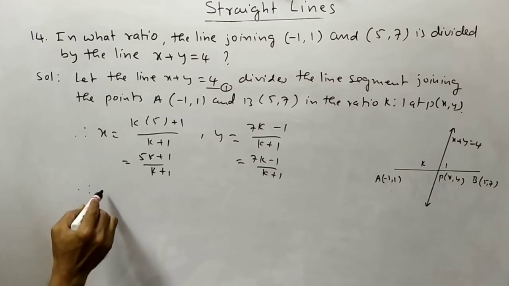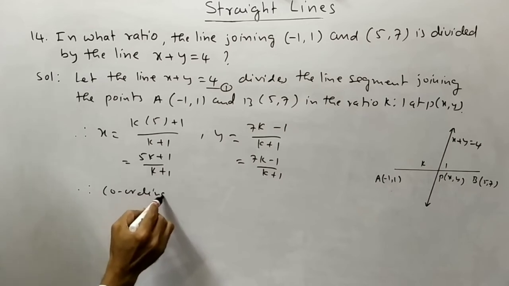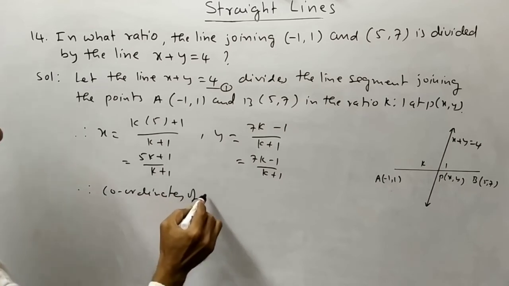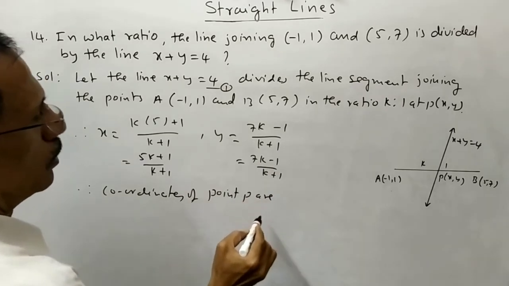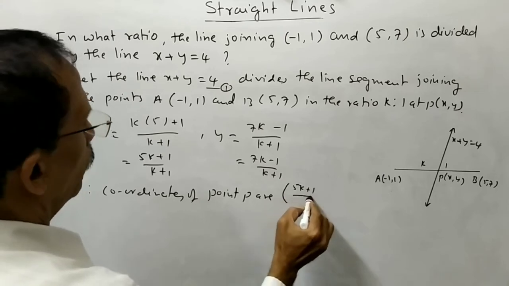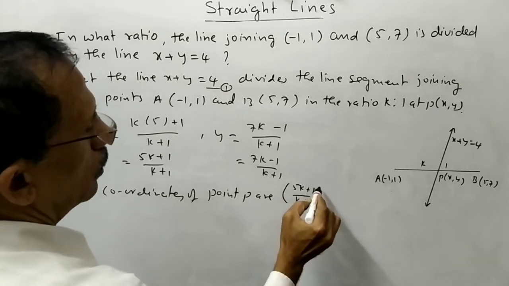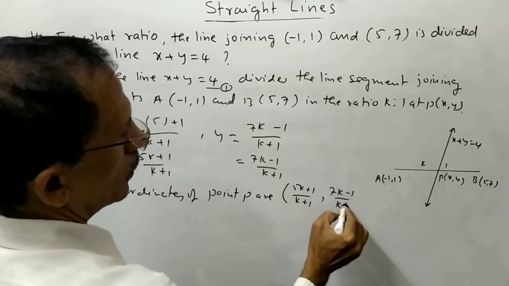Therefore, coordinates of point P are (5k plus 1) divided by (k plus 1), comma (7k minus 1) divided by (k plus 1).